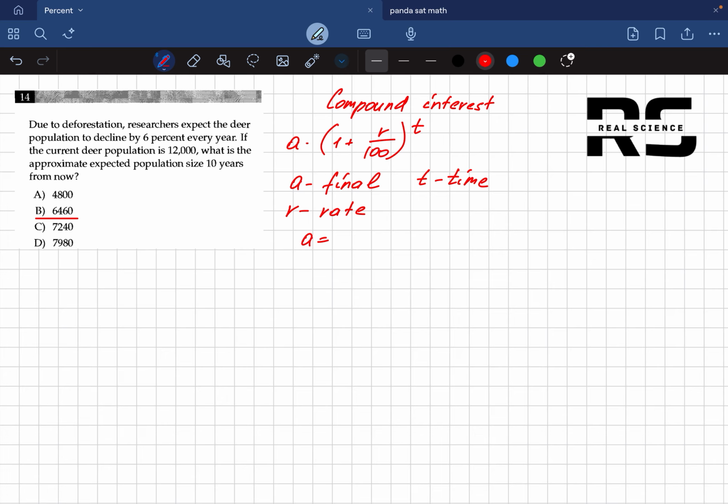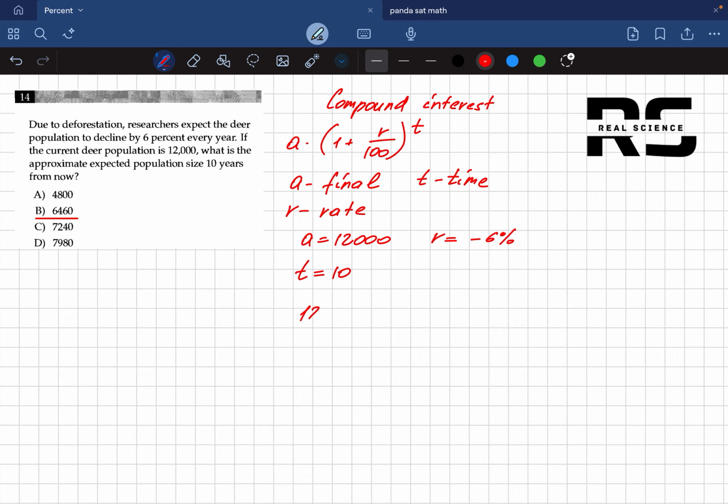So a initial amount 12,000 deer that we have, t is equal to 10. We need to calculate the approximate expected population in 10 years, and it is declining by 6%. So rate is equal to minus 0.06 basically. Or we can just make it minus 6%. Okay.